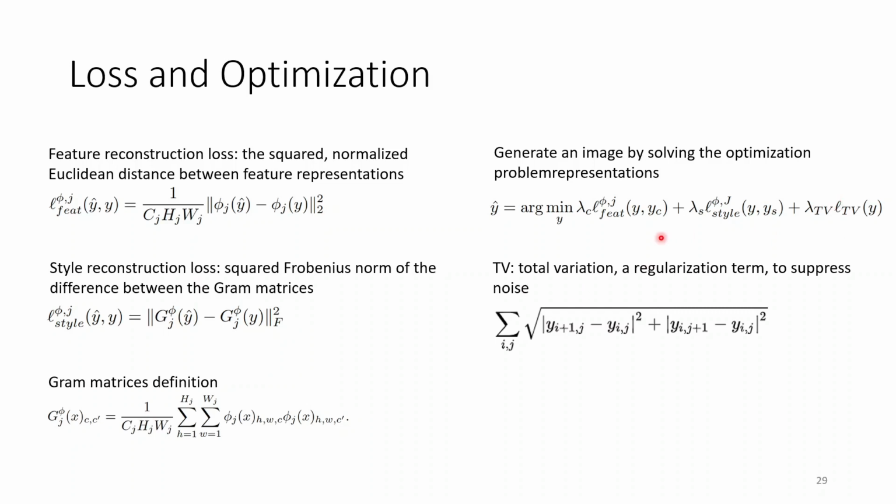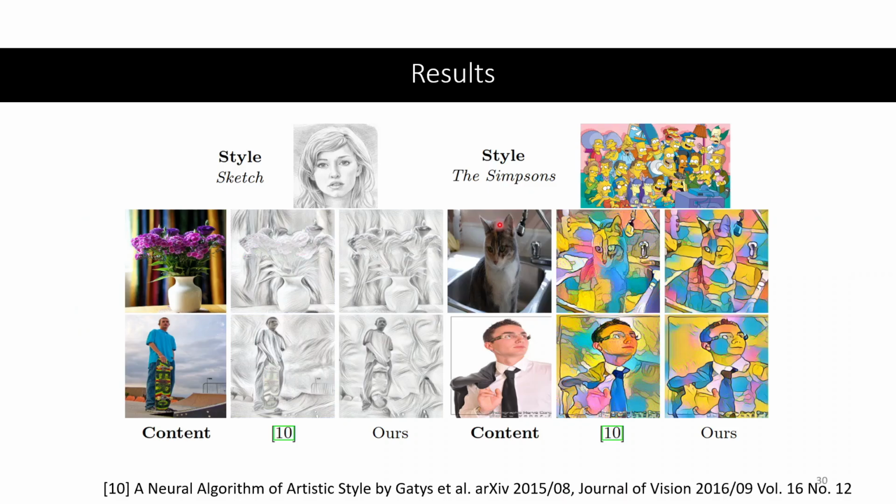So they use the optimization term to find an optimal output image, that is Y, and we can see their results. This is the style. They want to have textures or colors from this, and this is the content.